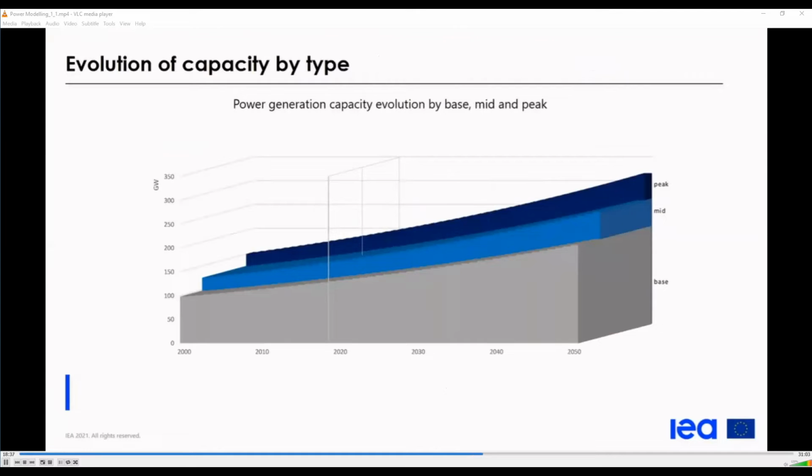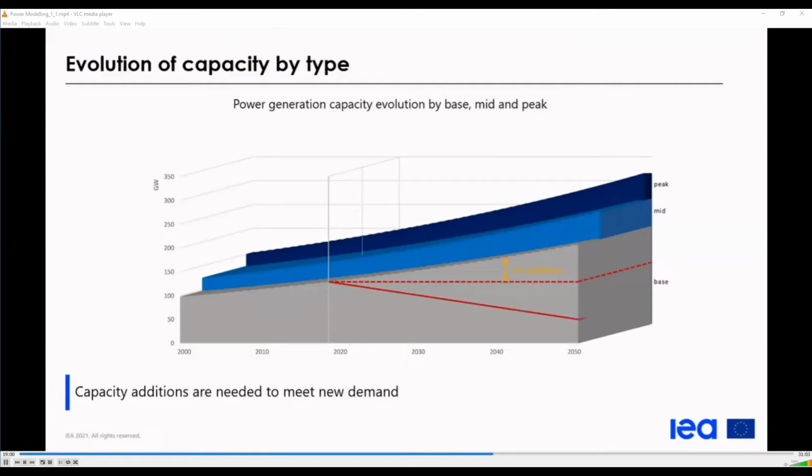For each time slice, the new additional capacity needs to take into account all these three different time slices. So we consider the net addition needed to meet new demand and, as mentioned earlier, the addition needed to replace the retiring plants.